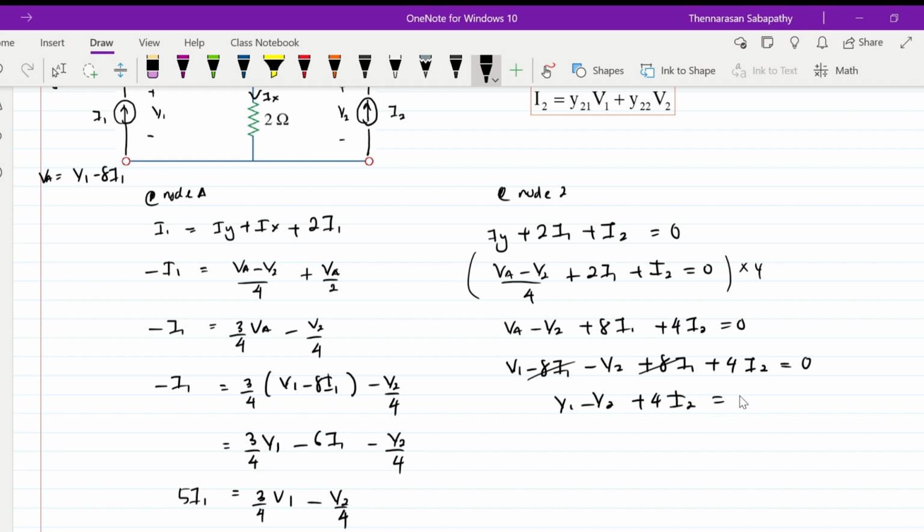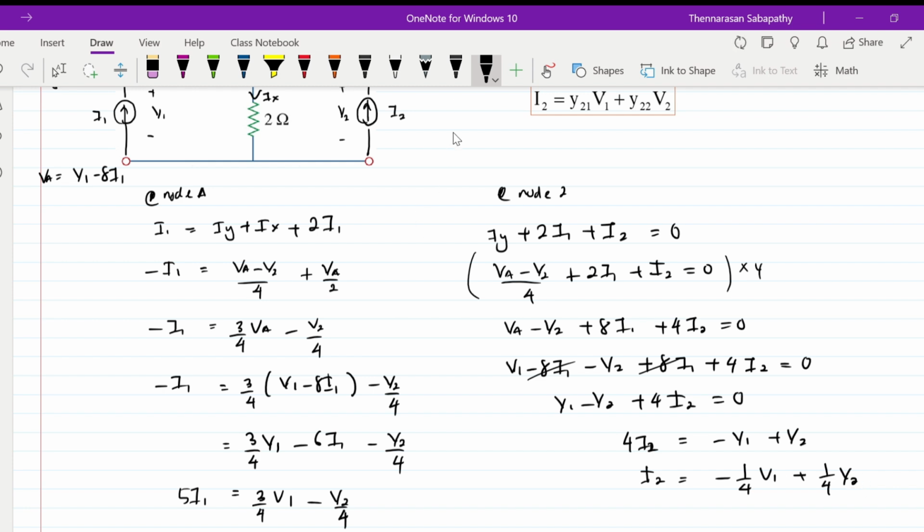In this equation, I only want to have I on this side and the V on the right hand side. So 4I2 equals negative V1 plus V2. I2 equals negative 1 over 4 V1 plus 1 over 4 V2.